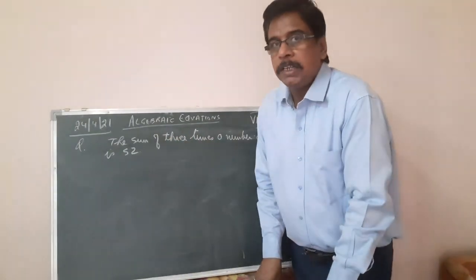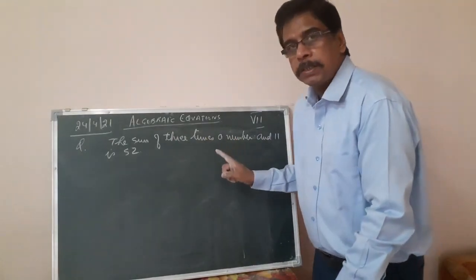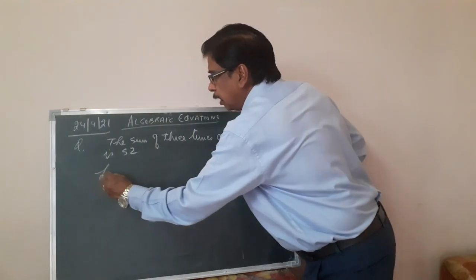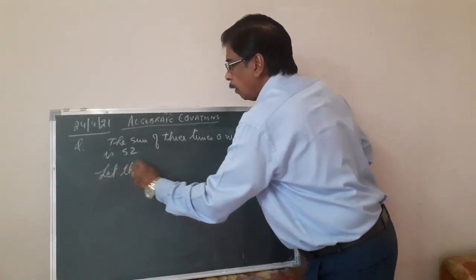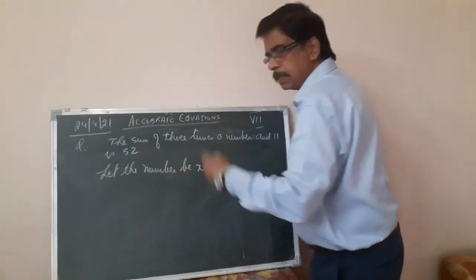How do we make an algebraic equation from this? We do not know what the number is. Let us suppose the number is x. So we write, let the number be x.